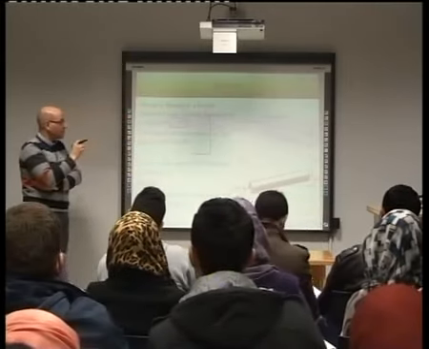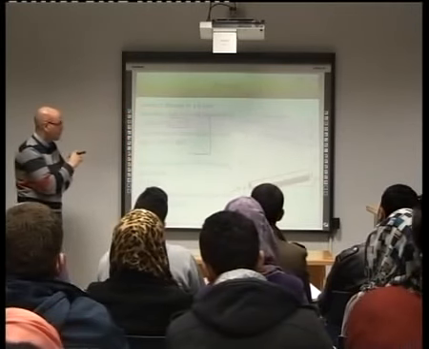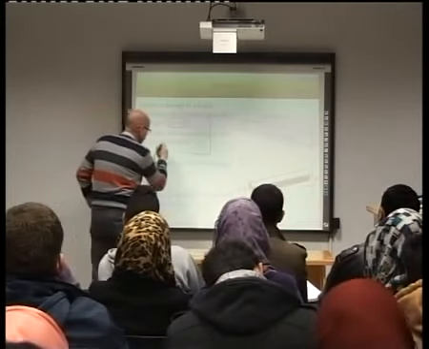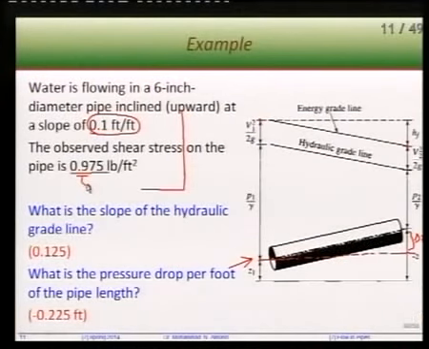The observed shear stress on the pipe is 0.975 pound force per square foot. So this is tau 0. Now, what is the slope of the hydraulic grade line? What is SF? And again, notice that this is parallel because the velocity does not really change. So it needs SF.